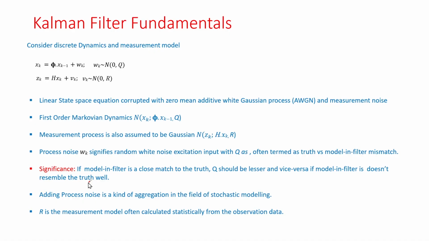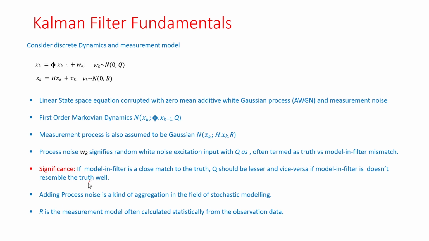Next, we go to the Kalman filter. We will start now with the very basics of the Kalman filter, and then perhaps in the subsequent lecture we will demonstrate how the Kalman filter works.